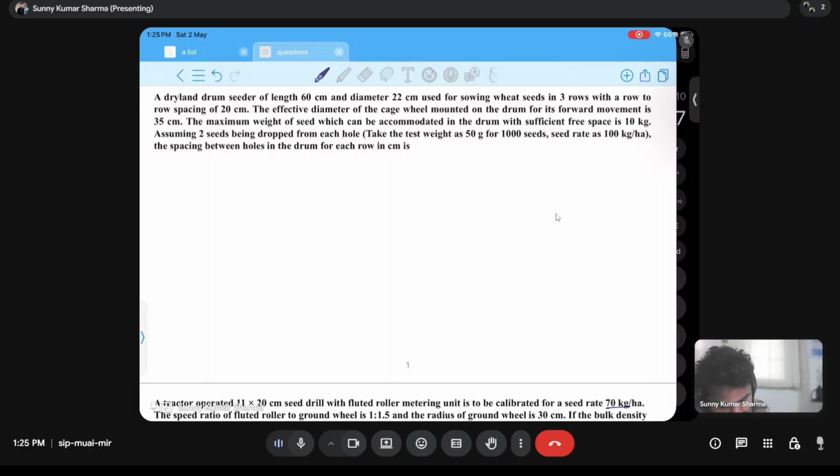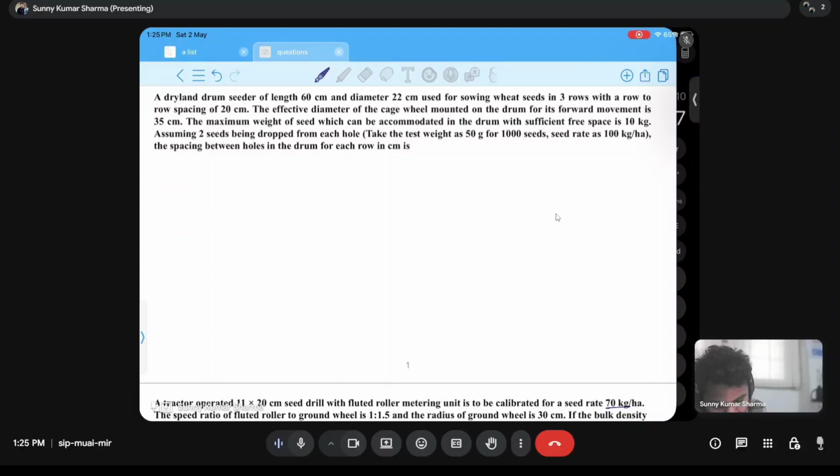The maximum weight of seed which can be accommodated in the drum with sufficient free space is 10 kg. Assuming 2 seeds being dropped from each hole, take the test weight as 50 gram for 1000 seeds and seed rate as 100 kg per hectare. We need to find the spacing between the holes in the drum for each row in centimeter.